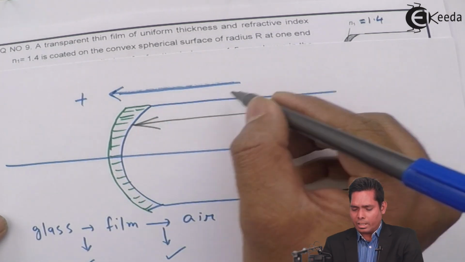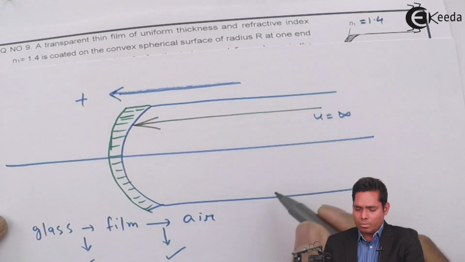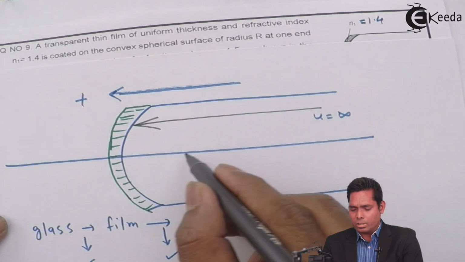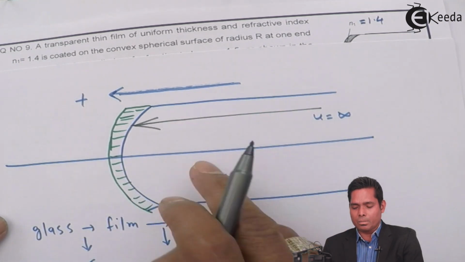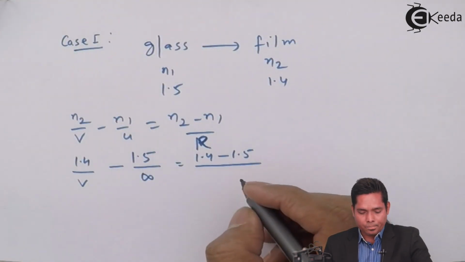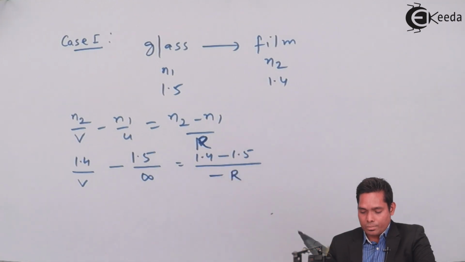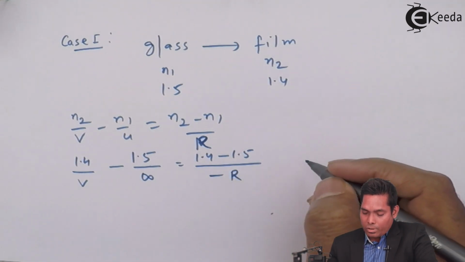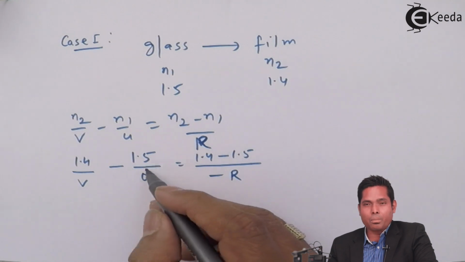The radius of curvature is to be measured from here towards this side, so it will be negative in this case. This is an important point. It will be minus R for this case. If I solve that, this term will become 0, because 1 upon infinity is 0.